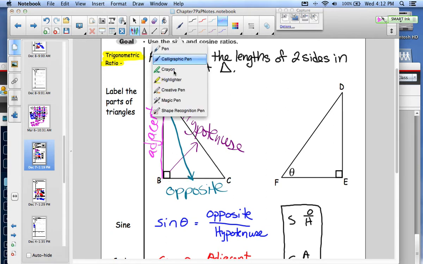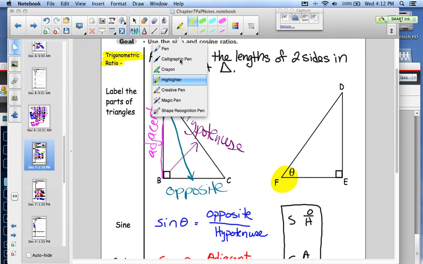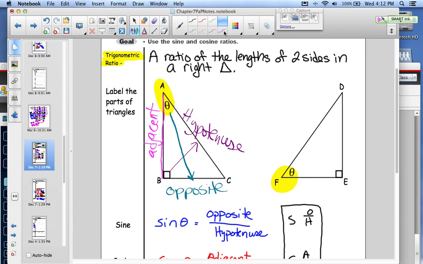So I'm going to go over here to this other triangle, and I'm going to label that this angle is the reference angle for this triangle, and I'm going to label its sides. So the hypotenuse over here, let's label that. And generally, I don't write the whole word. I'll just write H or HYP, ADJ for adjacent and OPP for opposite, or just the letters A, O, and H. So I labeled the hypotenuse there.